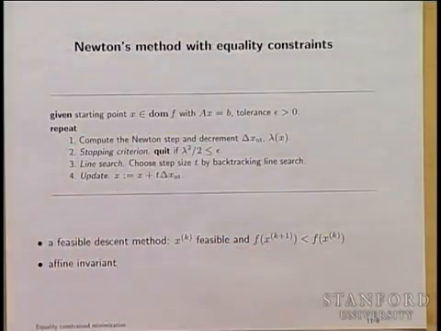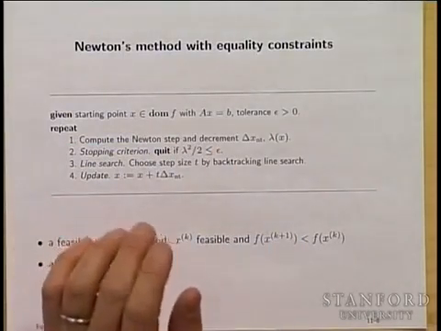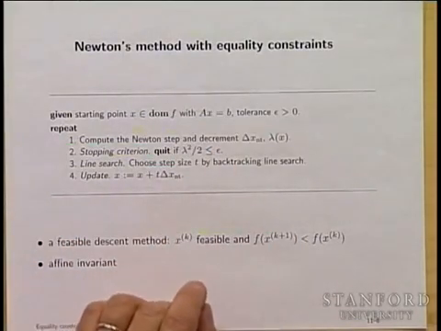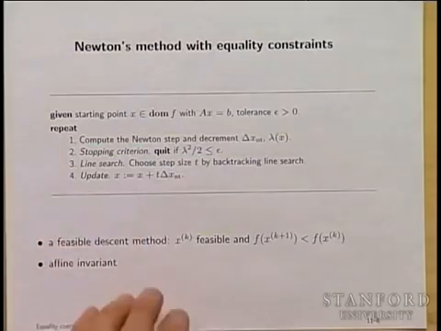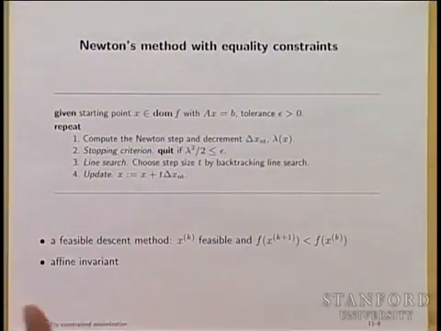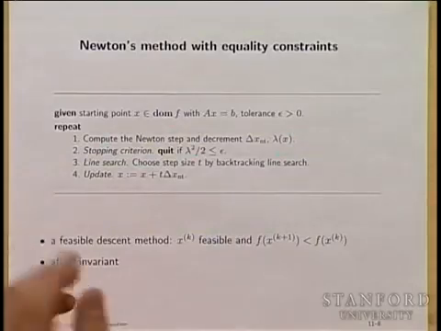And then you update. It's a feasible descent method. It's affine invariant, so you can change coordinates and it makes absolutely no difference. You get a commutative diagram. In particular, scaling has a second order effect on the method. In fact, if it's all done in infinite precision arithmetic, which it never would be, it would have no effect whatsoever on the method.